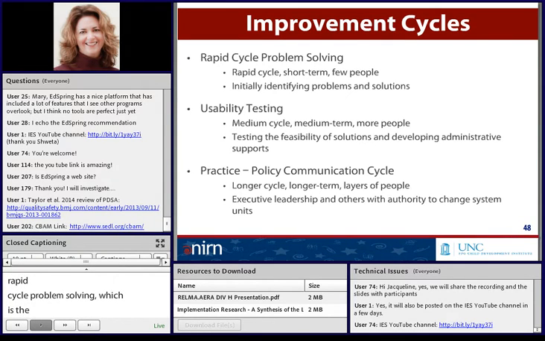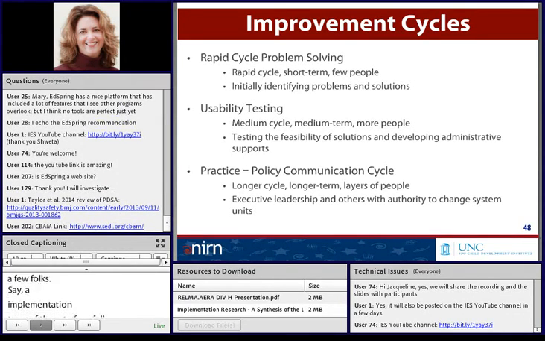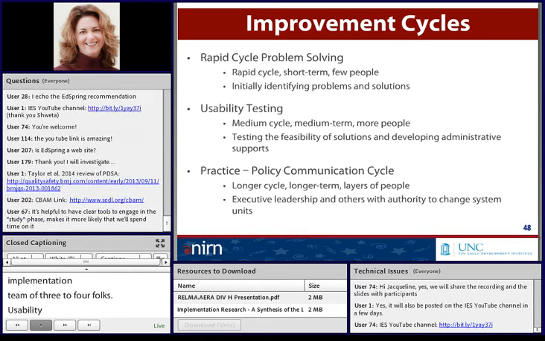They're very quick, they're short-term, and they usually involve just a few folks, say an implementation team, for example, of 3 to 4 folks. Usability testing is a little bit longer of a cycle, tends to be a little bit more involved, with more people, and we use that to test the feasibility of different solutions and really develop our implementation supports for them.